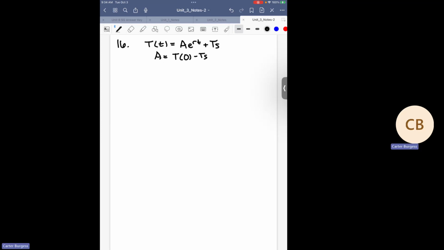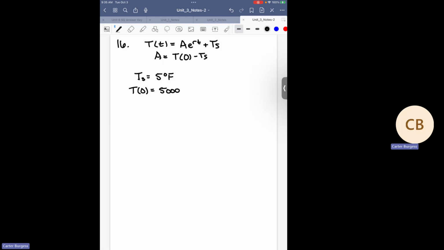So let us take a stab at this. Our environment is going to be that freezer temperature there, so T sub S equal to 5 degrees Fahrenheit, our ambient temperature, if you will. Our initial object's temperature, 5,000 degrees. Very cool.